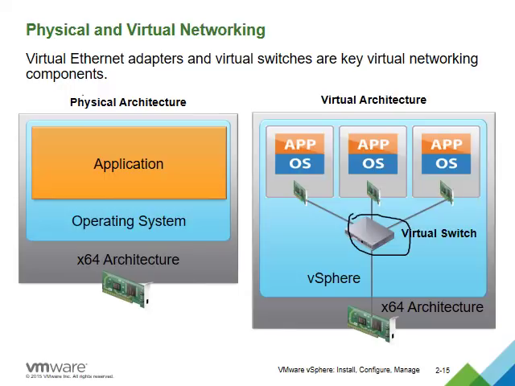All right, let's look at this physical architecture for a second. Unlike physical switches, virtual switches do not require STP, or spanning tree protocol, because their single-tier networking topology is enforced at that level. Multiple virtual switches cannot be interconnected, and network traffic cannot flow directly from one virtual switch to another on the same host.